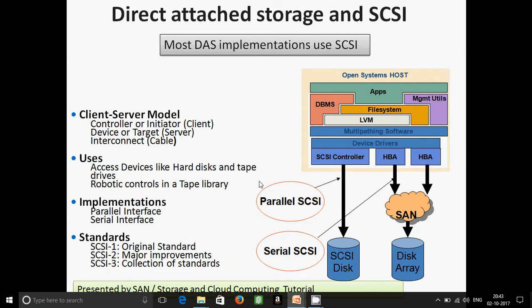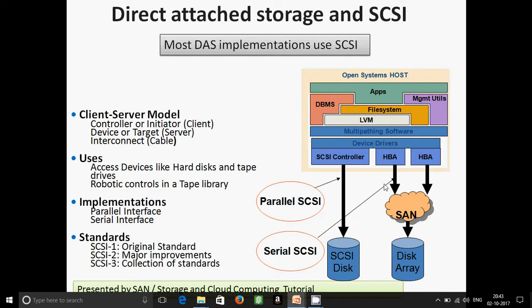Next we will discuss that most DAS implementations use SCSI. So direct attached storage will be implemented over SCSI. Here you can see the SCSI disk, and these are the parallel and serial SCSIs. Here in the diagram you can see an example of DAS, and in parallel I have defined the basic difference.